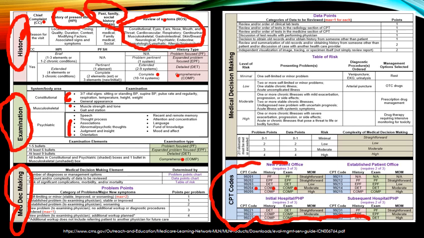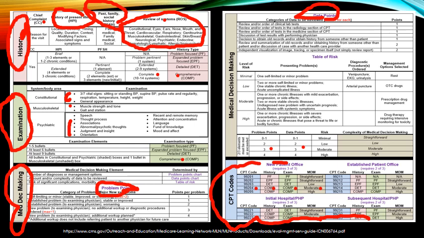If we are going to be moderate MDM, then our points have to be 3 data points, 3 problem points. Here are your problem points. Here are your data points.